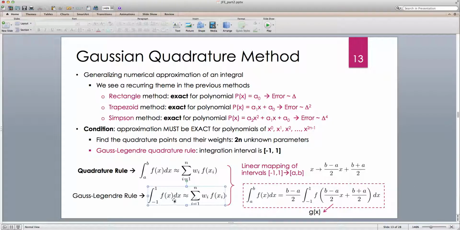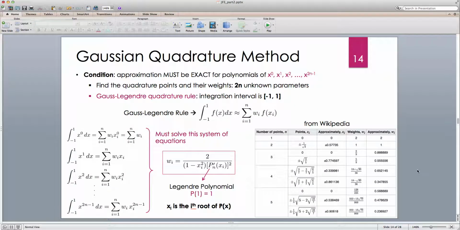So if I'm able to integrate any function from -1 to 1, and I'm able to approximate it with some weights and points, which I need to find, then I can calculate or approximate the integral over any interval a to b. I can first transform f into g using this mapping and then find the integral of g over -1 to 1 and then multiply it by (b minus a)/2. All right, this gives me the approximation based on the Gauss-Legendre quadrature rule, right?